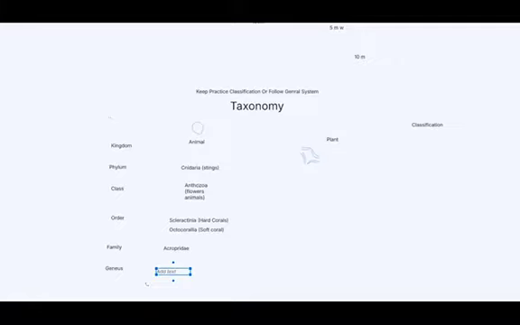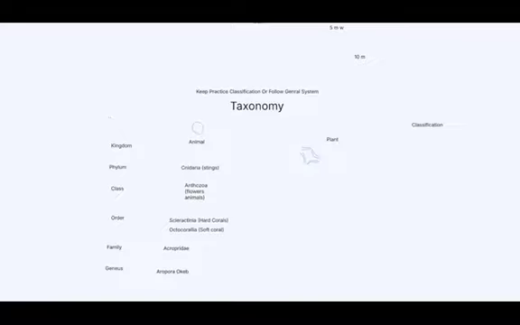And also we can go more specific, which is S for species. So here we have species.